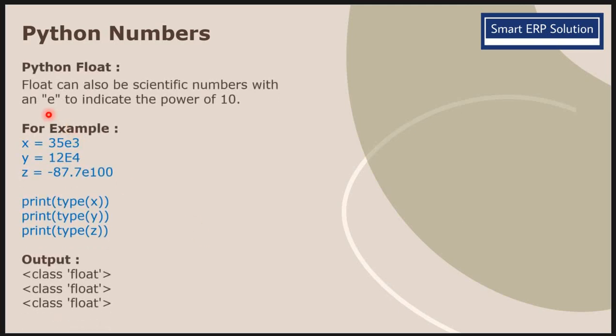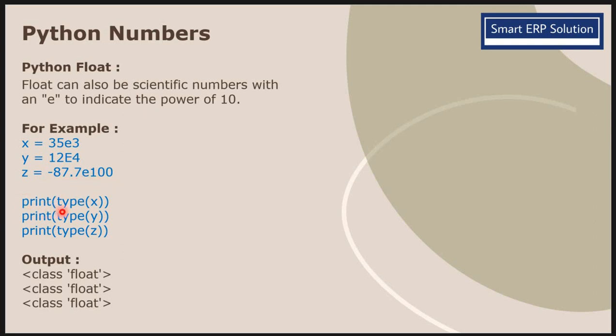Again, Python float. Float can also be a scientific number with an e to indicate the power of 10. That means x equal to 35e3, y equal to 12E4, z equal to minus 87.7E100.